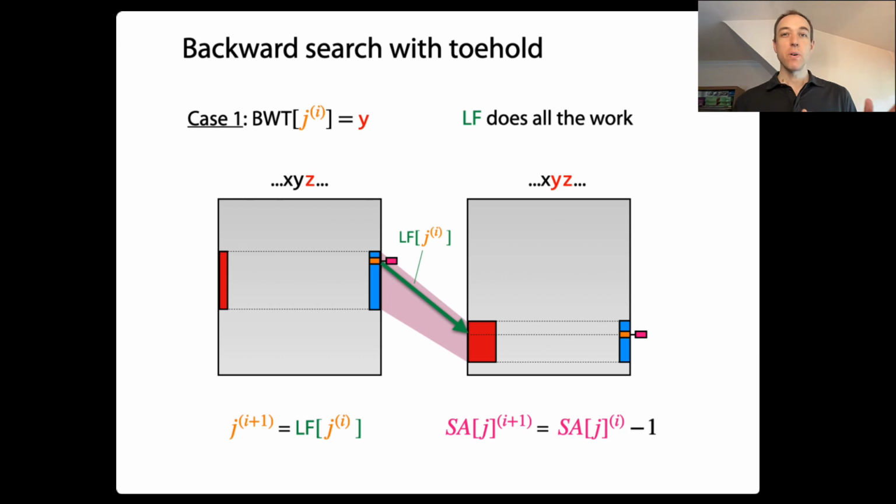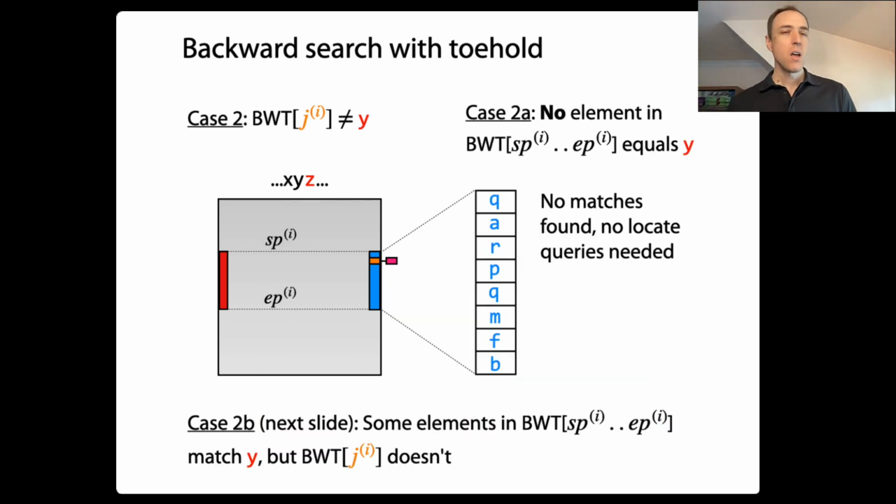Case 2 is the case where the row that we were tracking does not exist in our range in the next backward search step. That case is a little trickier. We have to break this one down into some subcases. So let's take subcase 2a. Let's say case 2a is that not only did the element that we were tracking not match the next character in the pattern, but none of the characters in our whole range matched the next character in the pattern.